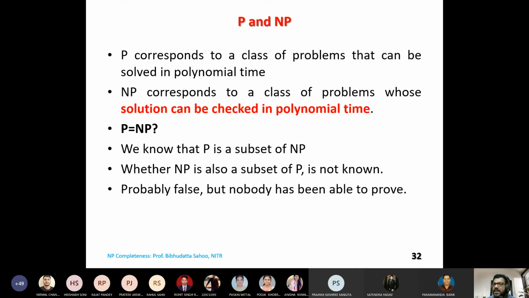I am looking for a string 0 1, so I start from the starting state and come to the goal state. But suppose you designed the automata for (0 1) whole star and I am looking for (1 0) whole star. What will happen?